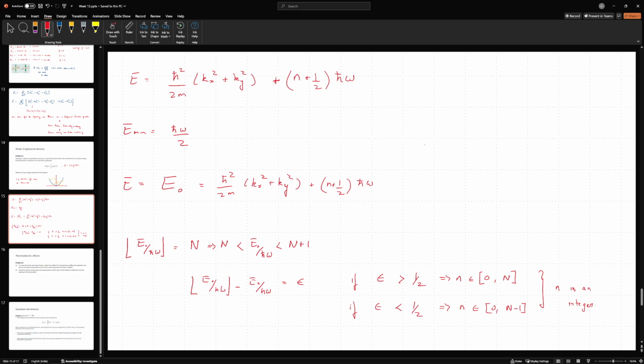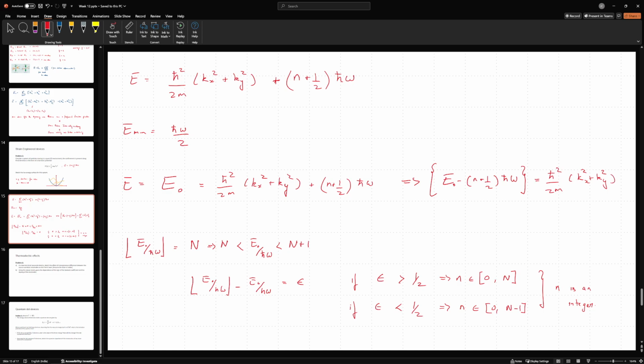Okay, so now I will write what I wanted to write: E naught minus n plus half h bar omega. This quantity is equal to h bar squared upon 2m into kx squared plus ky squared.